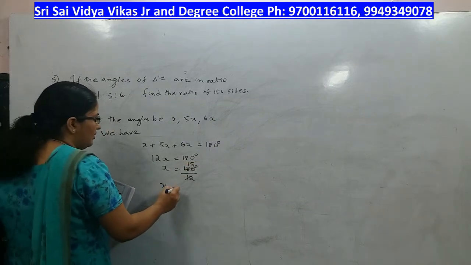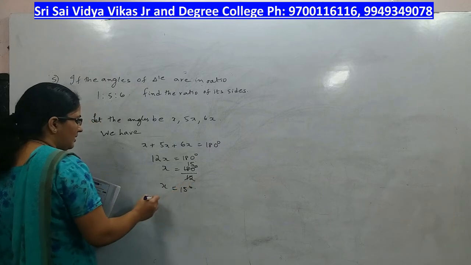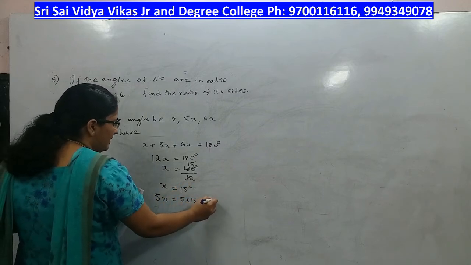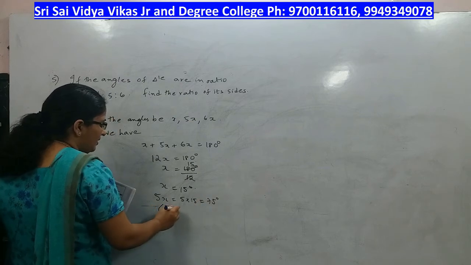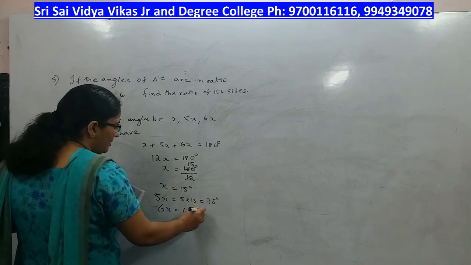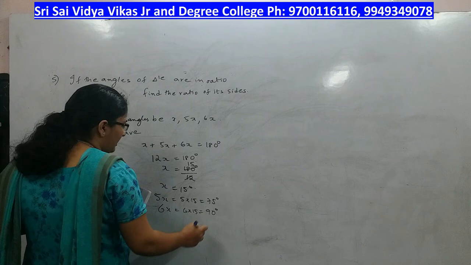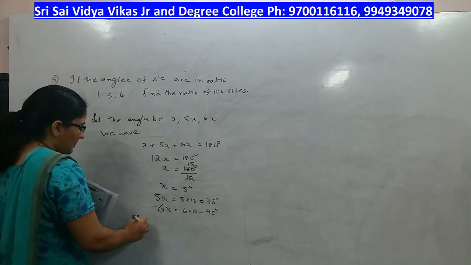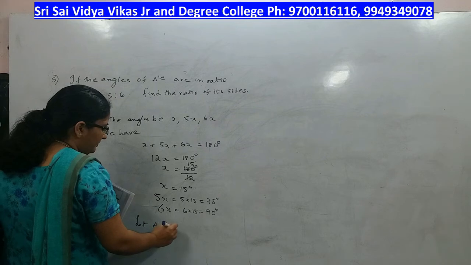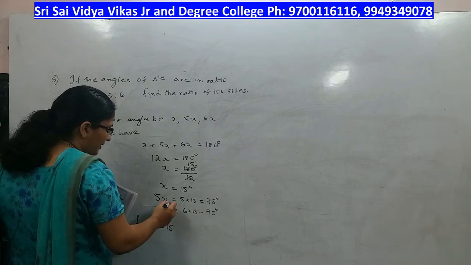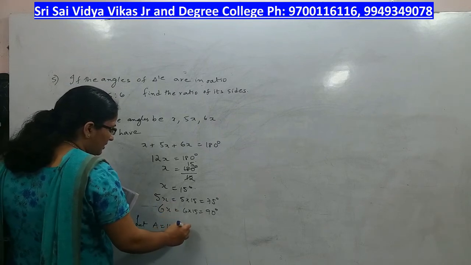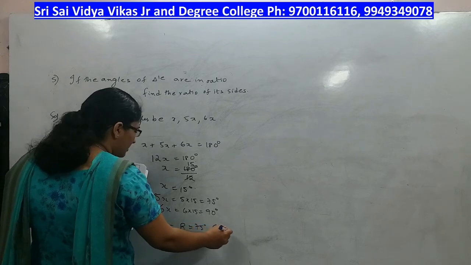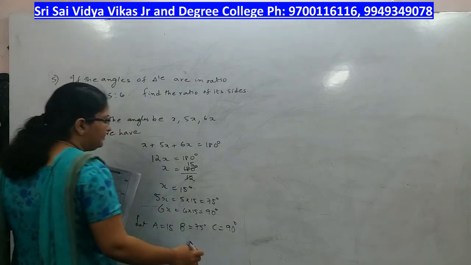So x is equal to 15. 5x is equal to 5 into 15, which is 75. 6x is equal to 6 into 15, which is 90. Let A is equal to 15, B is equal to 75, C is equal to 90.